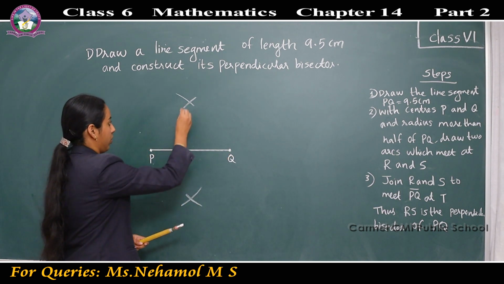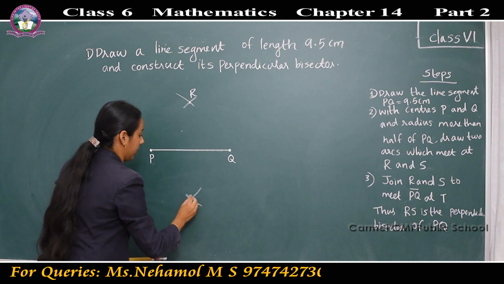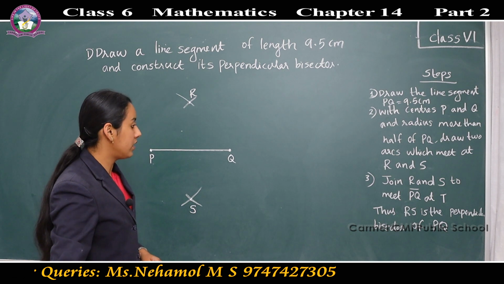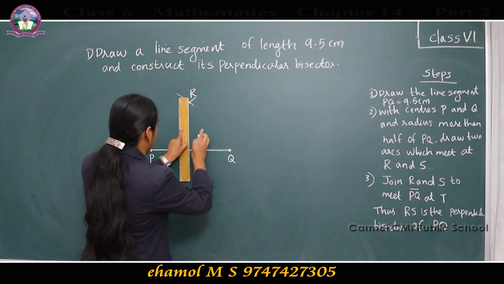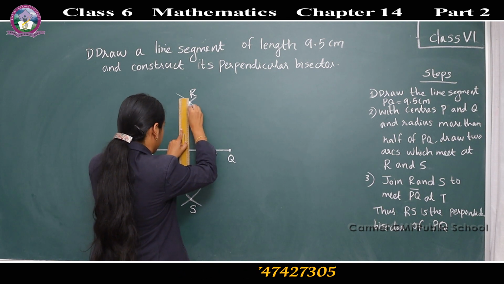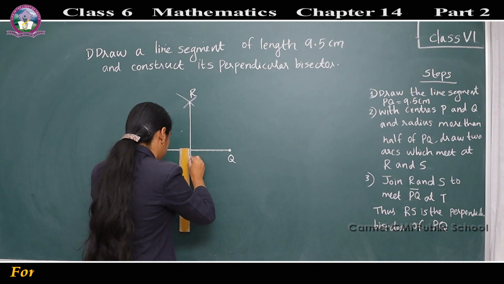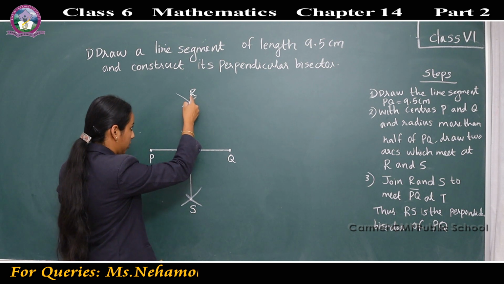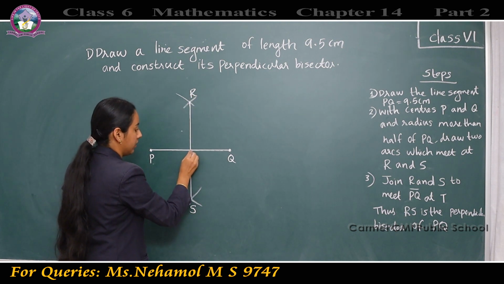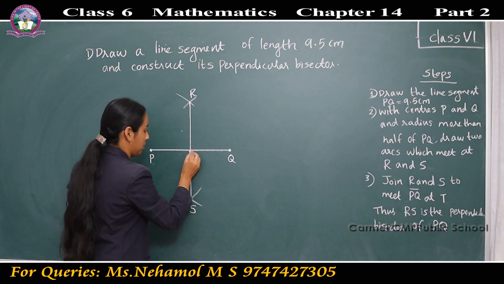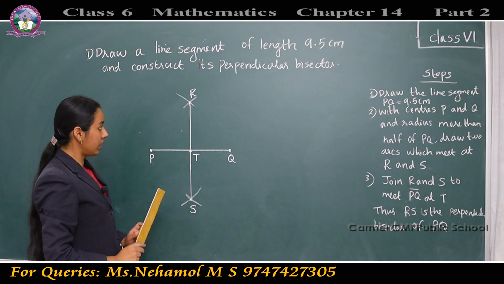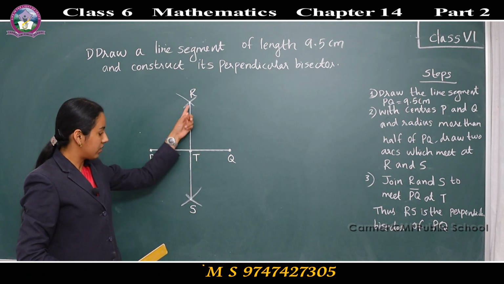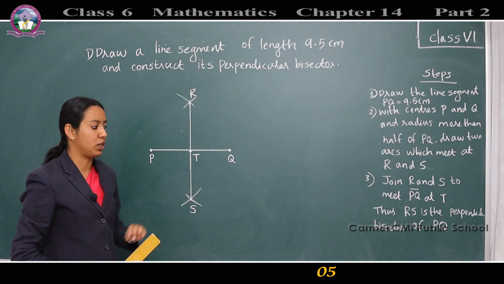Now let this point be R and this point S. Now join R and S to meet PQ at T. Let this point be T. Thus, RS is the perpendicular bisector of PQ.